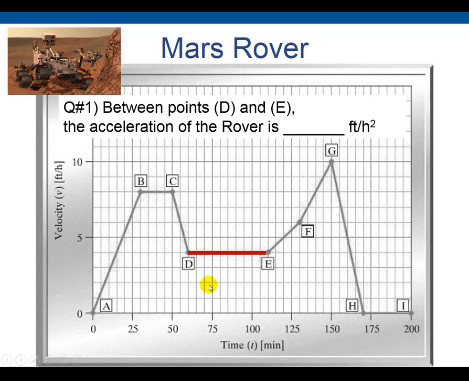The question is, between points D and E, the acceleration of the rover is blank. What are the values? You can see the velocity is around 4 feet per hour. Acceleration is not velocity. There is no acceleration change. The velocity is consistent, so here the acceleration of the rover is 0.